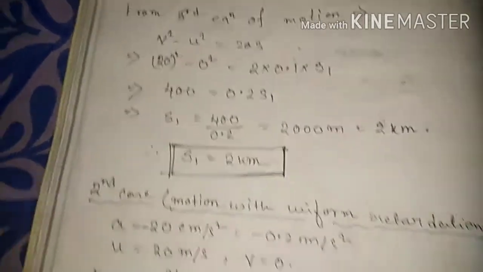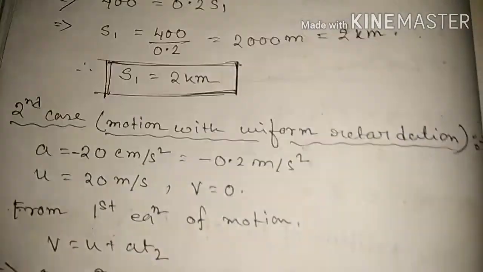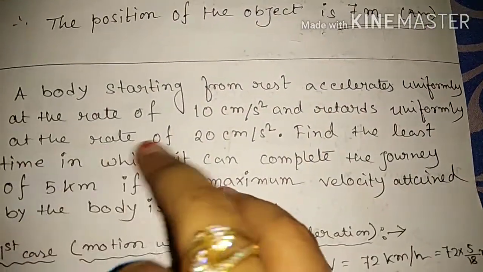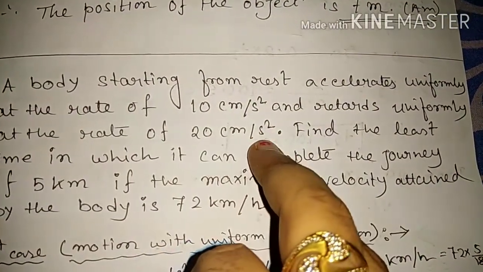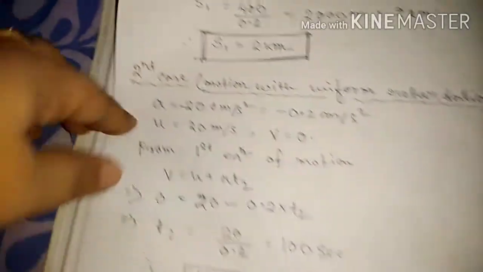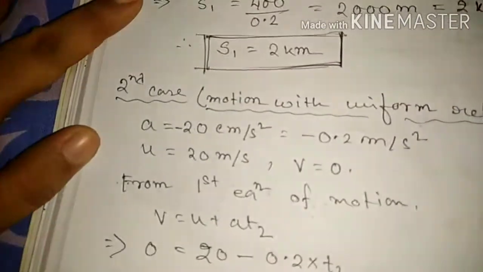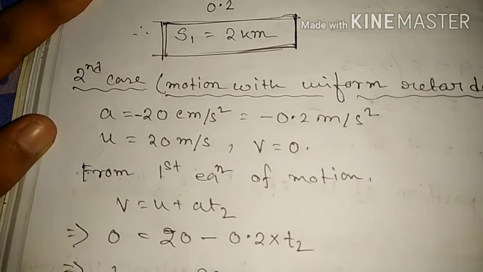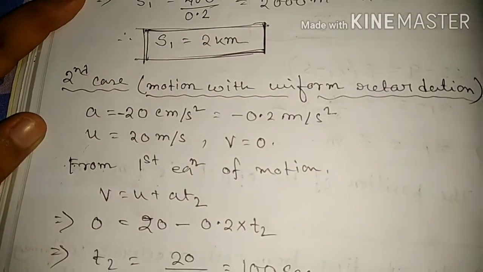Now second one, motion with uniform retardation: it retards uniformly at the rate of 20 centimeter per second square. Okay, so in the second case, a equals minus 20 centimeter per second square, converted to meter per second square, because it will be retardation.